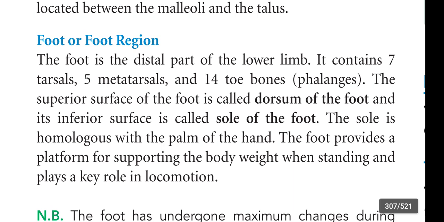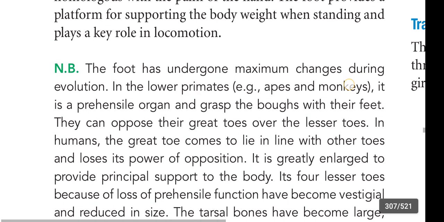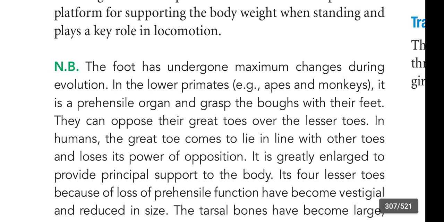Okay. Coming to the note, the foot has undergone maximum changes during evolution. In the lower primates, for example apes and monkeys, it is a prehensile organ and they grasp the boughs with their feet. They can oppose their great toes over the lesser toes. In humans, the great toe comes to lie in line with the other toes and loses its power of opposition.